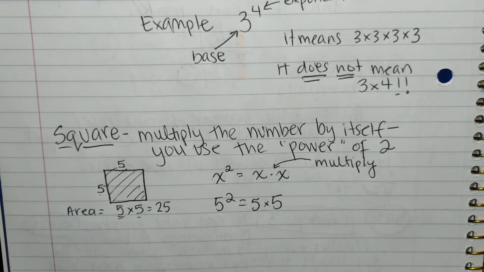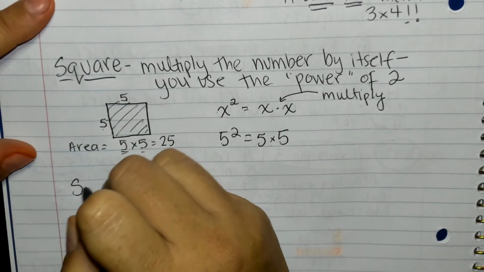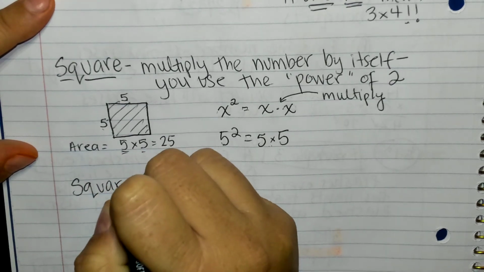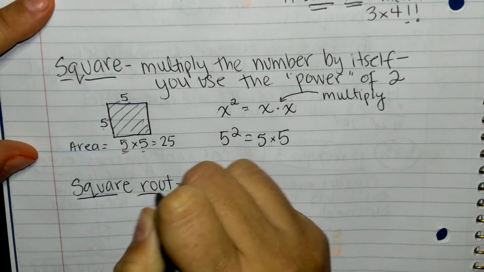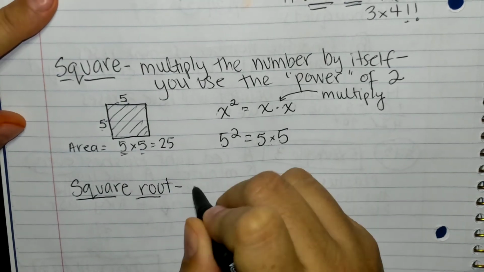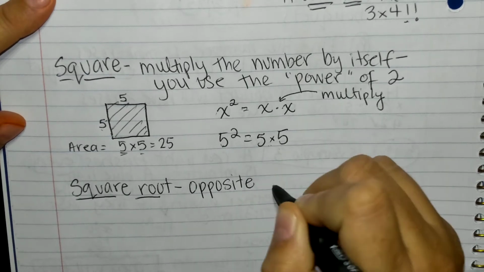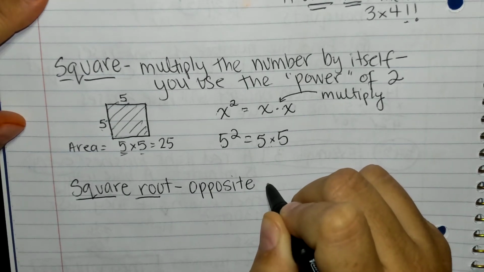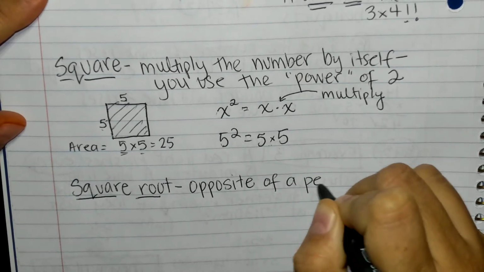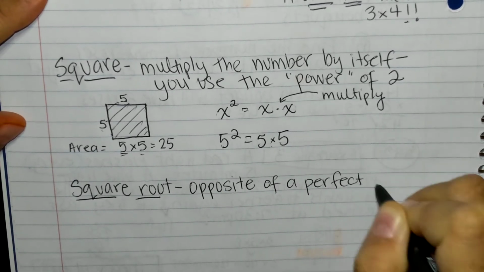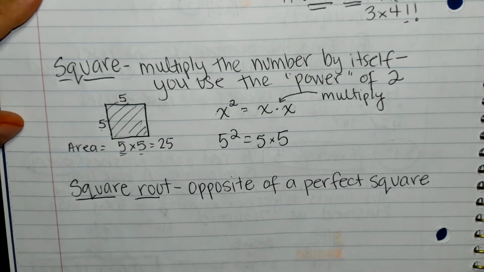Okay, so a square root is the opposite of a perfect square, which I'm going to define next.